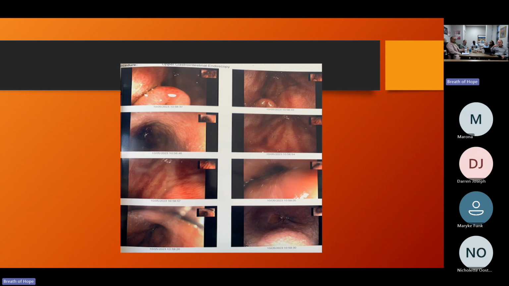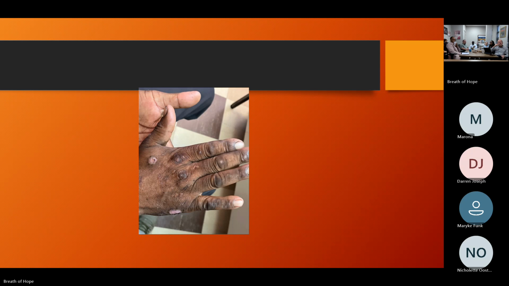Interestingly enough, that patient on scope had a watermelon stomach. So yeah, this was a very interesting presentation of GAVE in a patient with MDA5 dermatomyositis, a patient that I had at Kalafong.